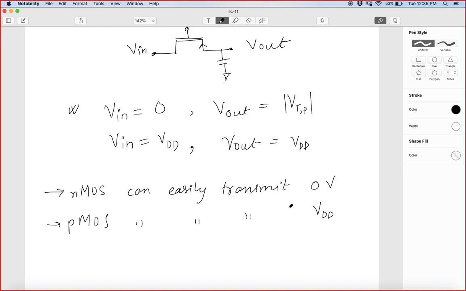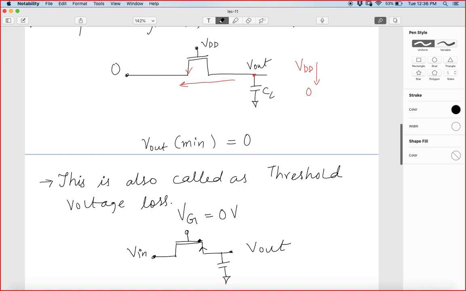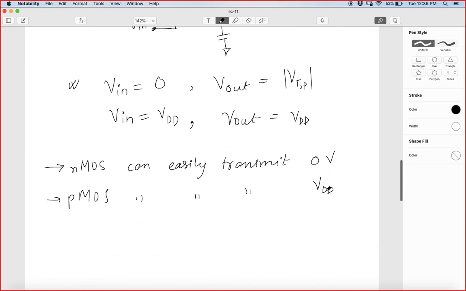So what we can do is combine these two, and it leads to a kind of CMOS transmission gate, where we are trying to take the advantage of both. In a digital signal, the signal will go from 0 to VDD.